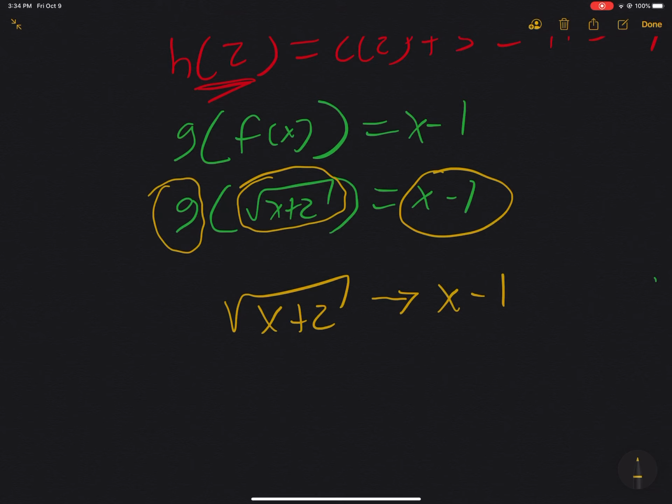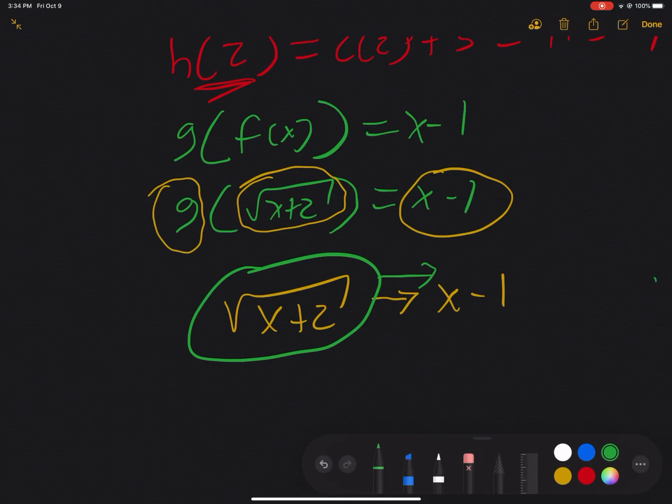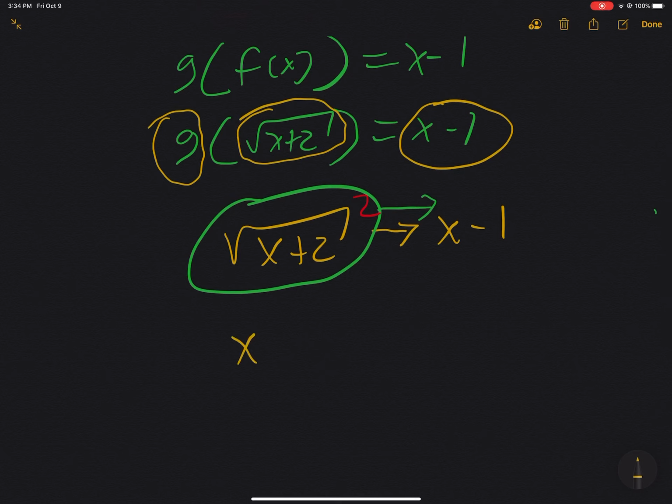If I asked you to transform this side into this side using math rules, the first thing you might say is we can square it, because squaring it would get the square root symbol to go away. And then we're left with x plus 2 going to x minus 1.